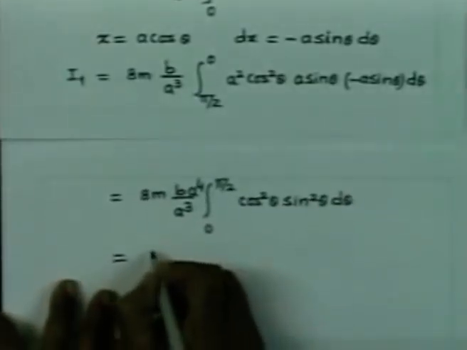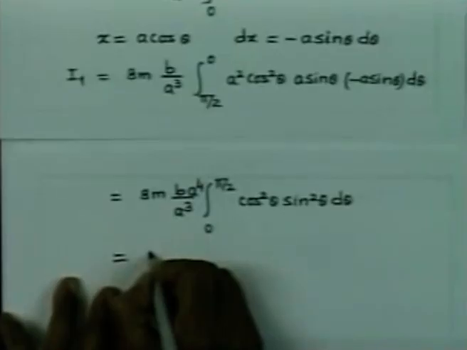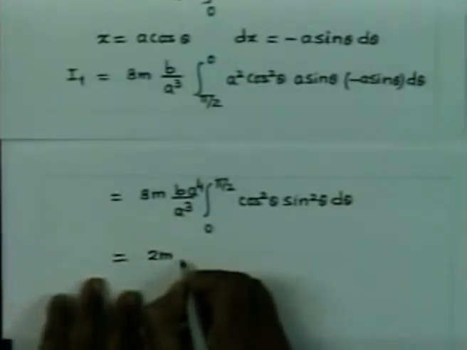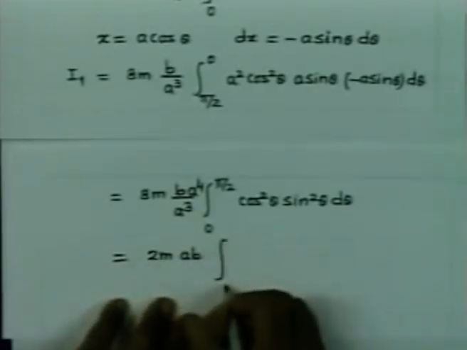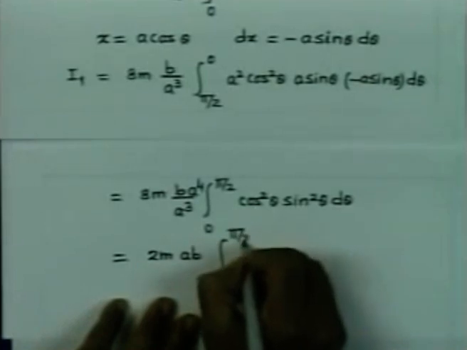and we can write that as 2m into ab, integral 0 to pi by 2.